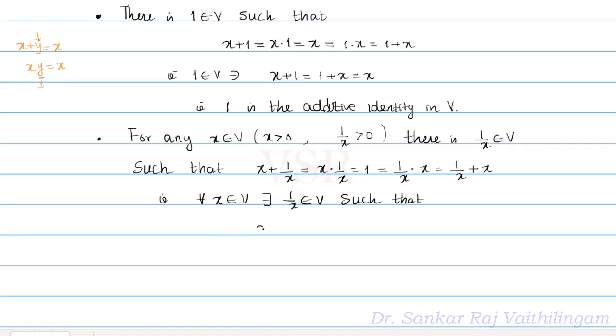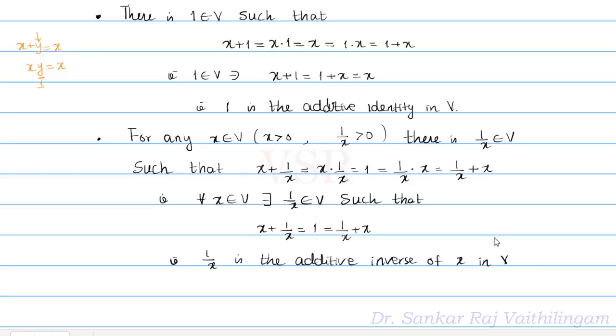That is x plus 1 by x, which is equal to the identity 1, which is equal to 1 by x plus x. That is 1 by x is the additive inverse of x in V.